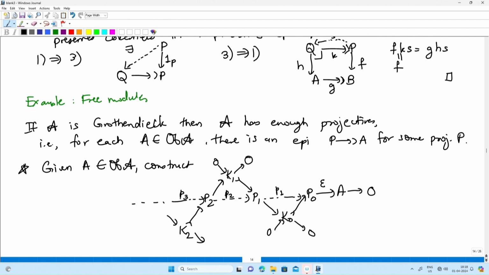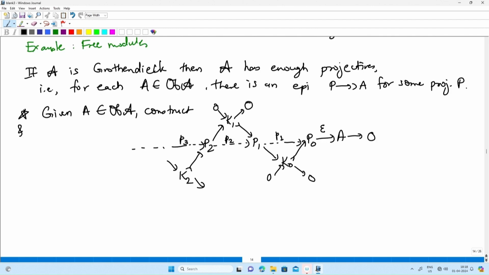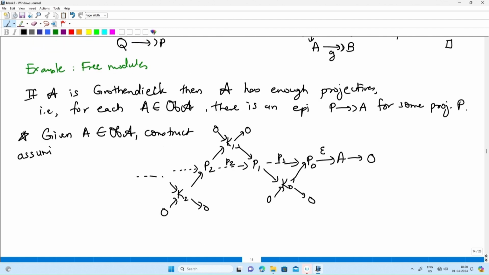So you can construct this assuming that A has enough projectives. In particular, if it is Grothendieck, assuming A has enough projectives, we can construct this.